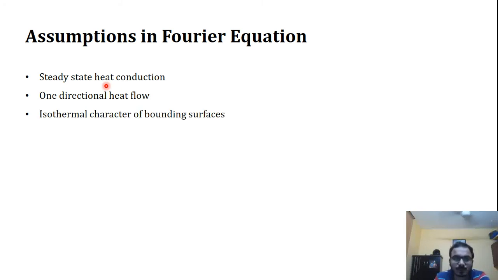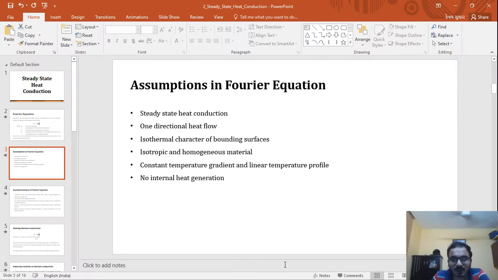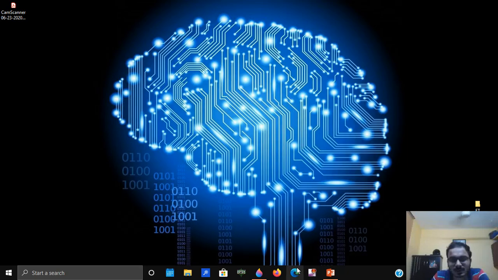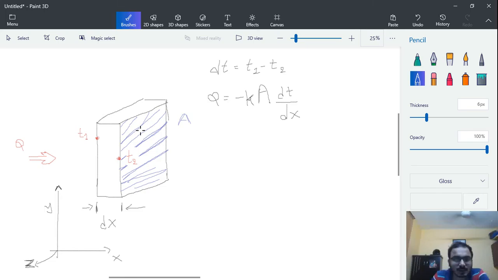Isotherm character of bounding surfaces. Now we will see what is the meaning of isotherm character of bounding surfaces. If you see this figure carefully, then this is the one end, the other is this end, which is not visible on this screen, from where the heat is first striking. That is, this wall is said to be at T1 temperature and this wall is said to be at T2 temperature.